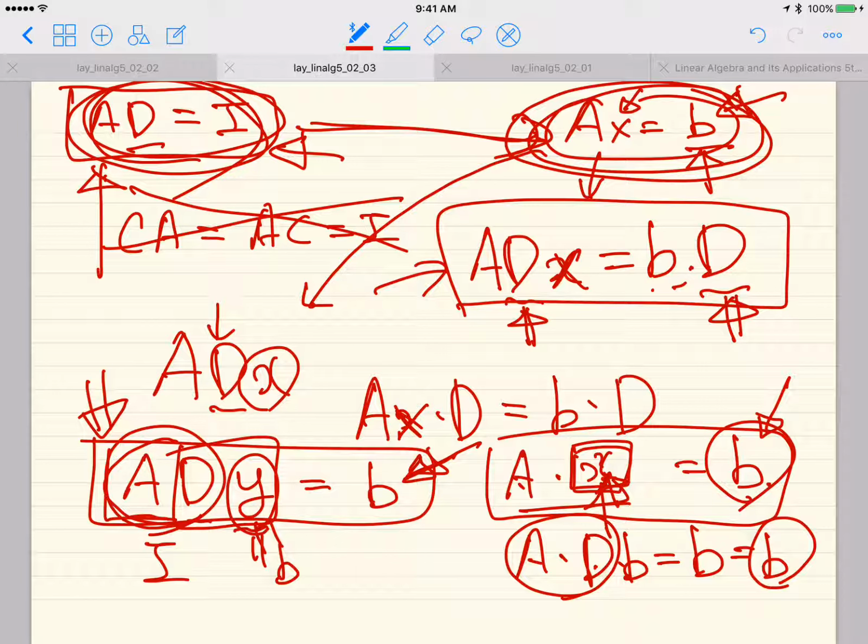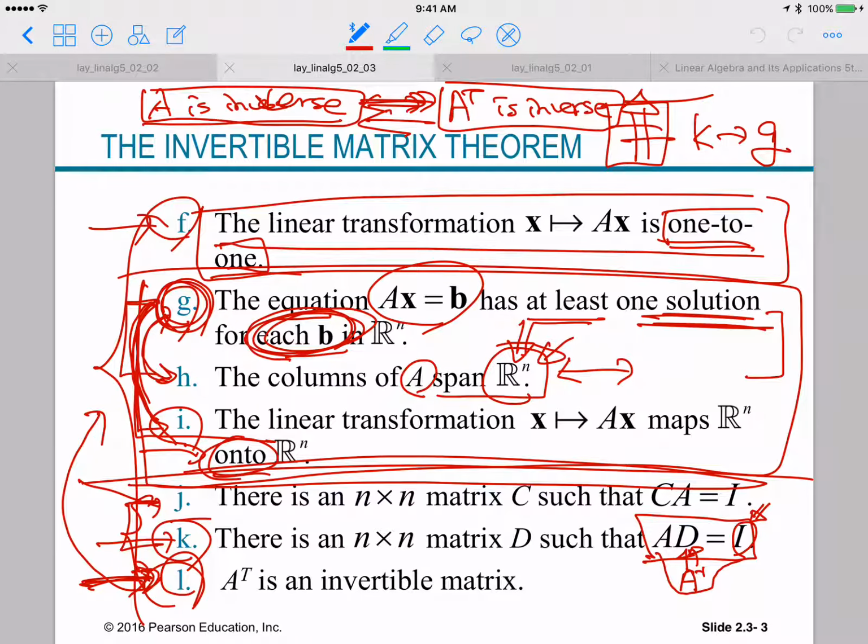So this assumption is true, and if you set x as D times b, you can always find at least one solution. So starting from K, we landed on this G: for any given b, any vector b, you can always find the solution for Ax equals b.